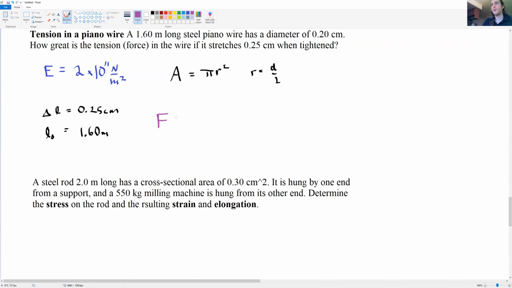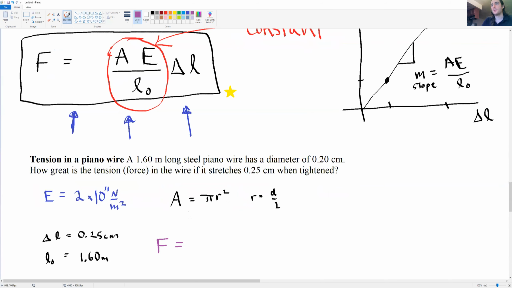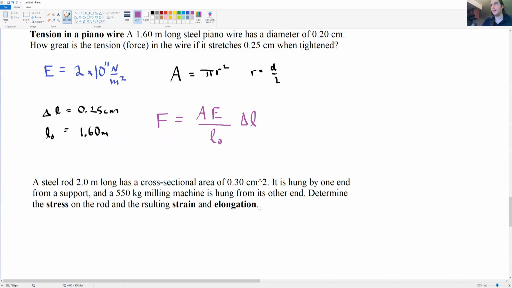Okay, I'm going to write a little bit more here. This formula right here is what we need to use: A E over L0, delta L. So we have disagreement in the chat.